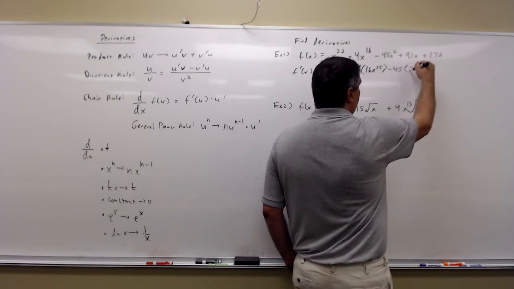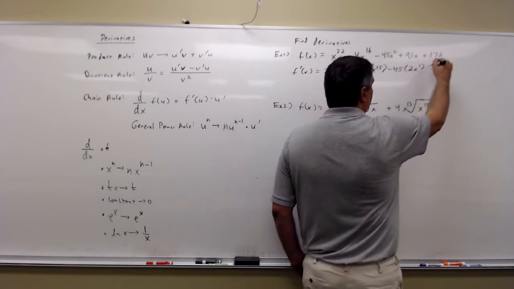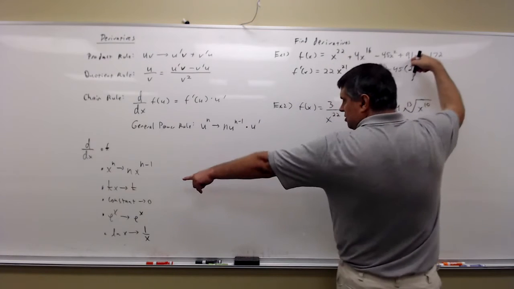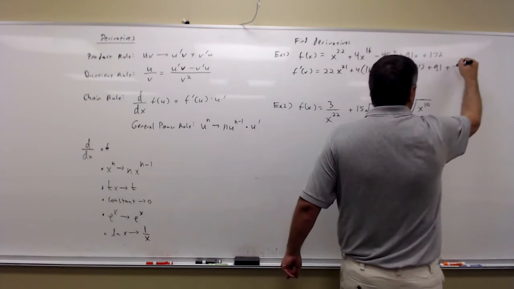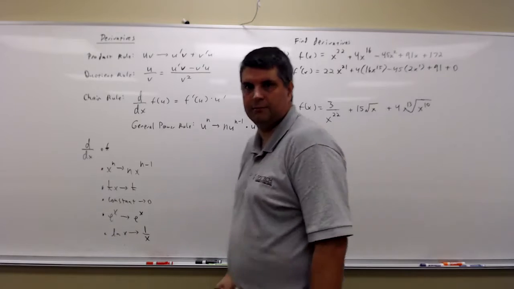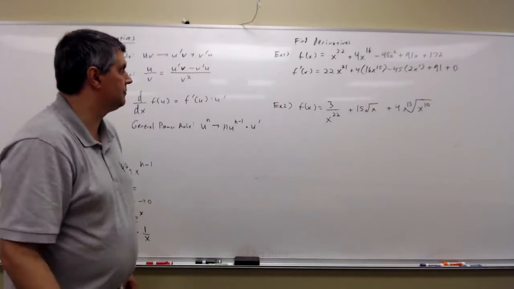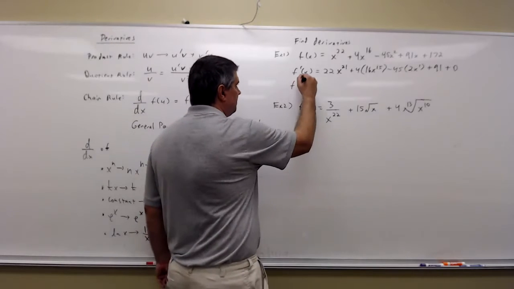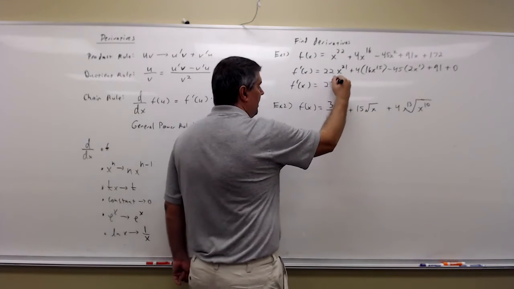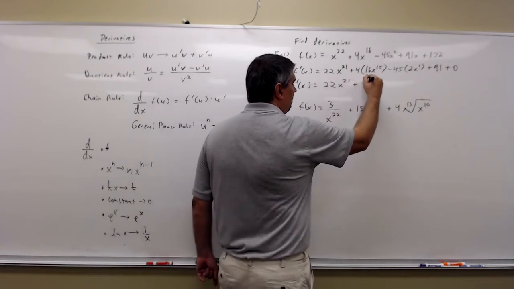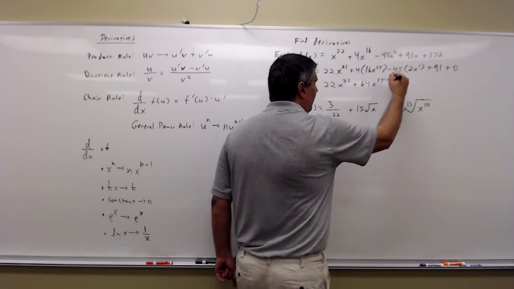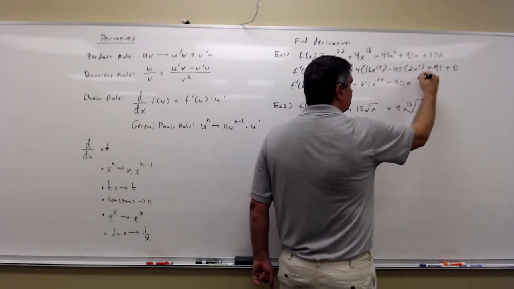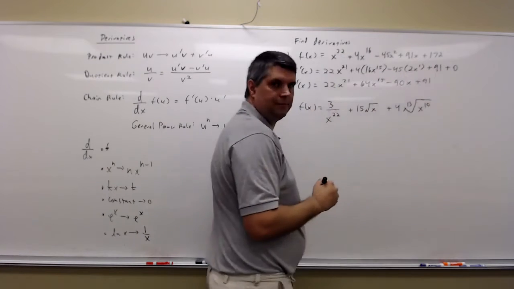You'll take the 2 to the front, and the power of x will go down 1. The derivative of something times x is just the something, and the derivative of the constant is 0. Okay? So f prime of x is 22x to the 21st plus 64x to the 15th minus 90x plus 91.